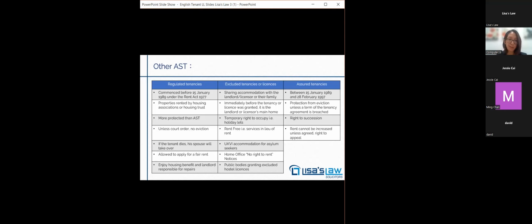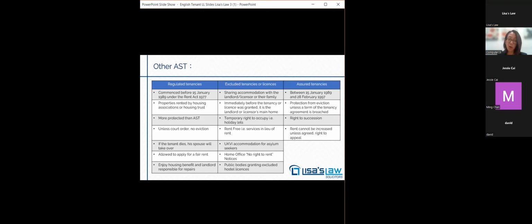Such an agreement can be agreed immediately before the tenancy or license was granted. And at the time when it's being agreed, if it's the landlord's main home, then it will become an excluded tenancy or license.